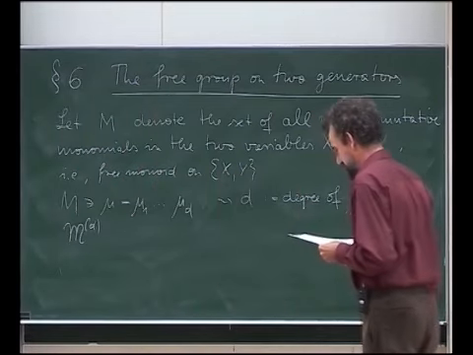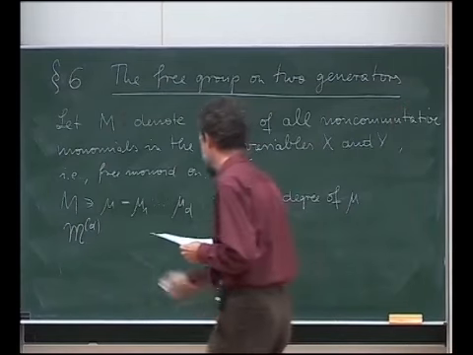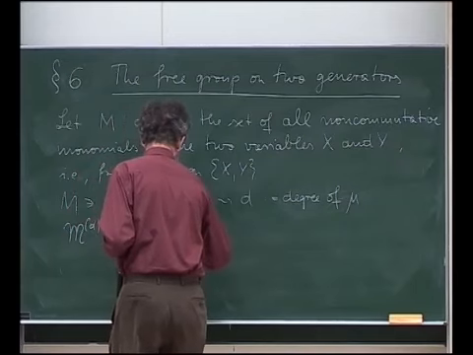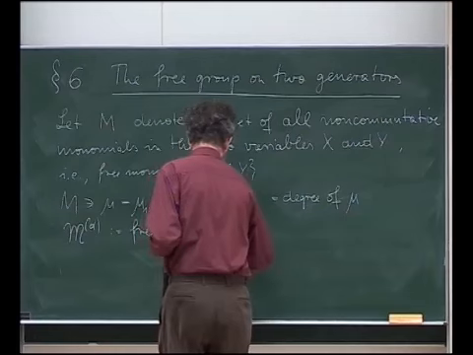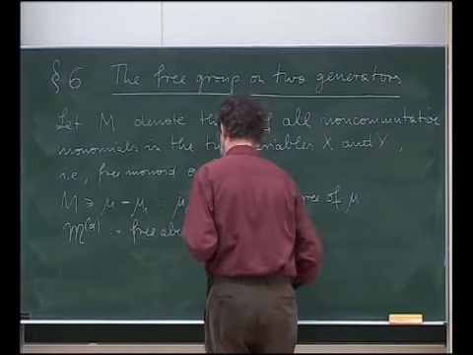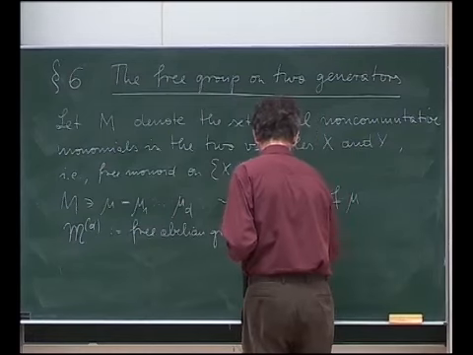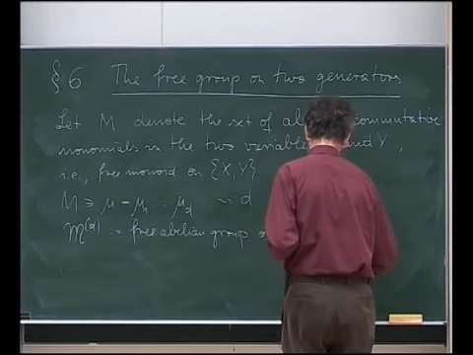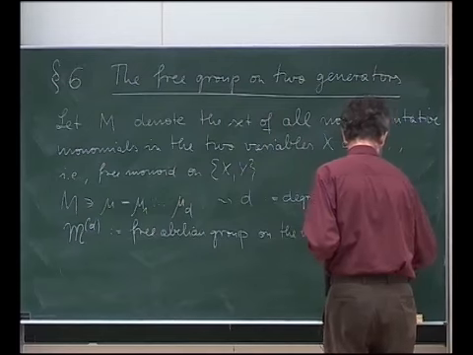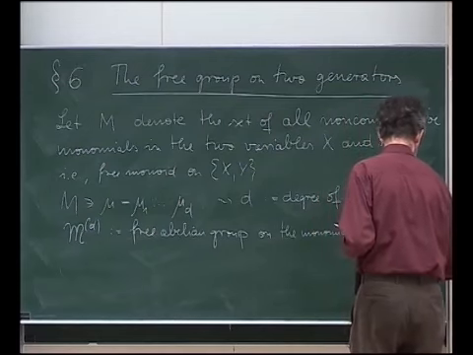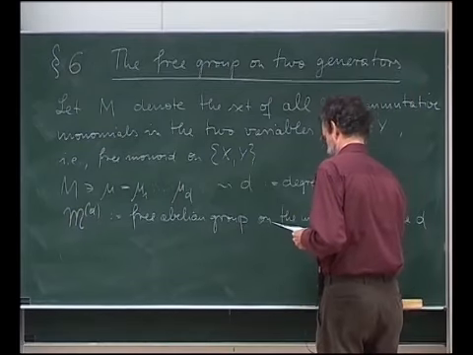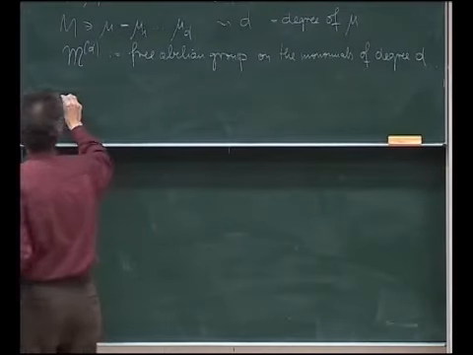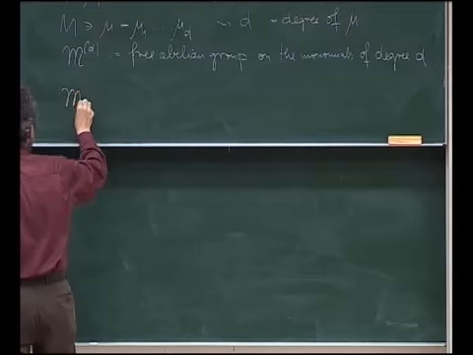And then I denote by Gothic M upper D the free abelian group on the monomials of degree D.